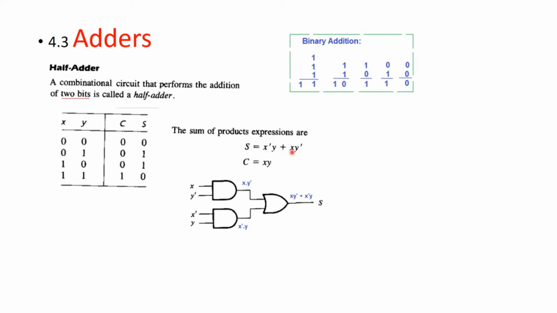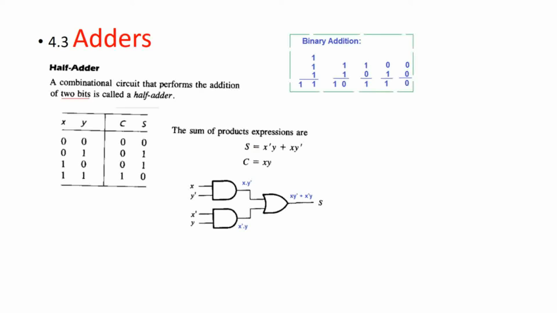The second part is X Y dash, so again we feed X from here and we feed Y dash from here. The output of the AND gate is X Y dash. This is also coming into the OR gate, and so the output of the OR gate will be X Y dash plus X dash Y. So this is how we implement the sum function.